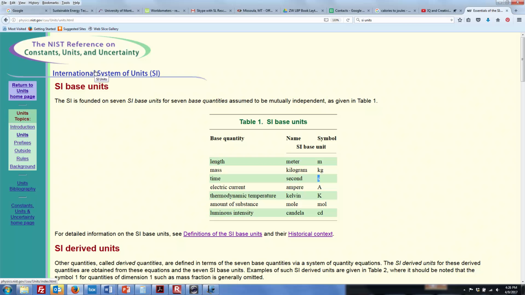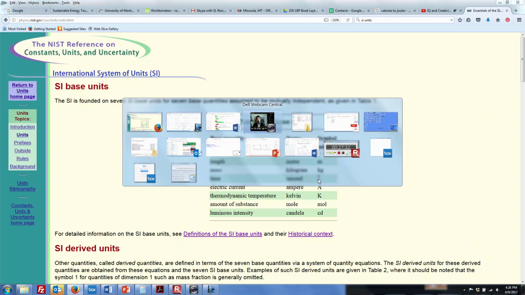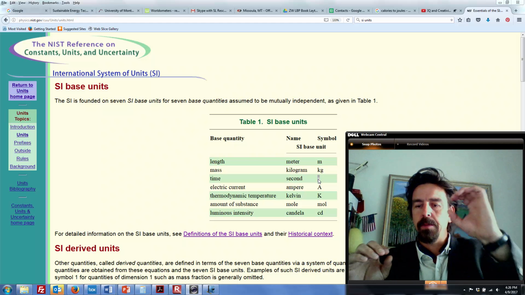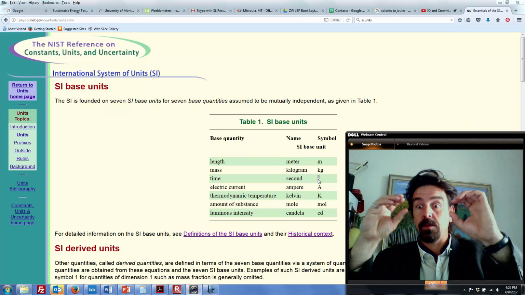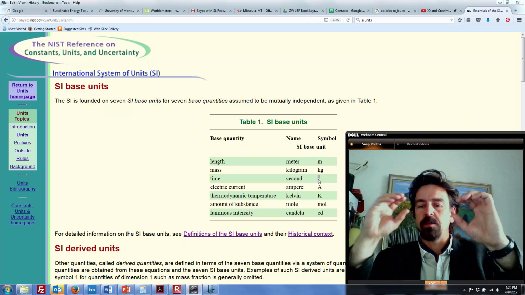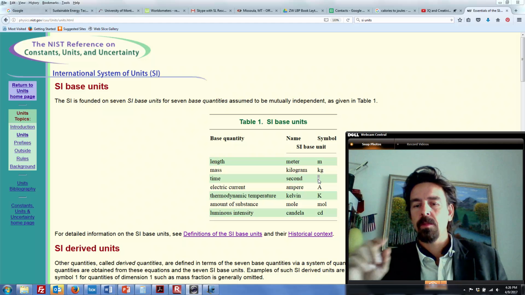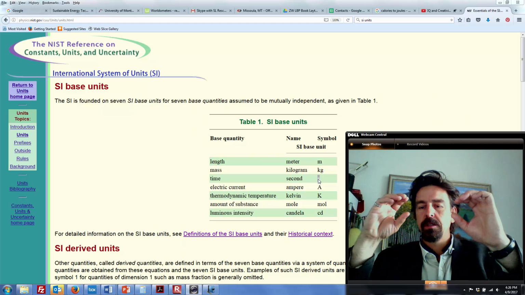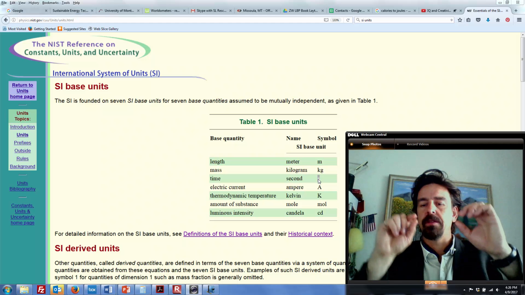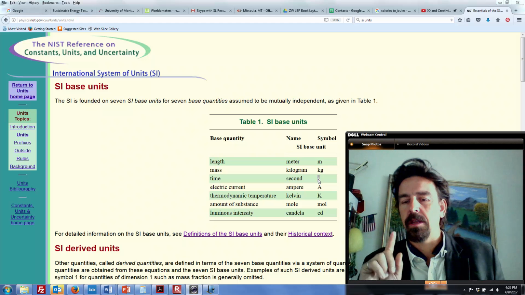These guys are very good. They make the rules. This is a very good page to have, physics.nist, and we can see there's the meter for length, kilogram for mass, seconds for time, and when we combine those together, kilograms times meters squared divided by seconds squared, that's 1 joule. Meters squared times kilograms divided by seconds cubed, that's a watt.